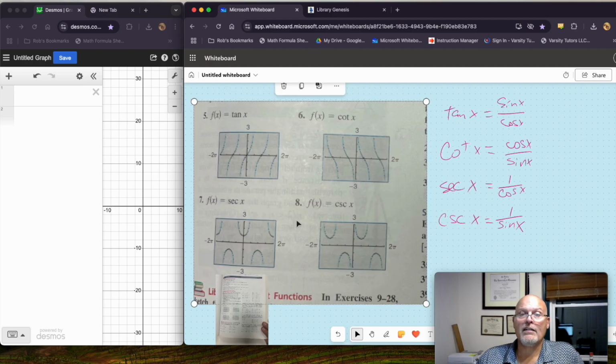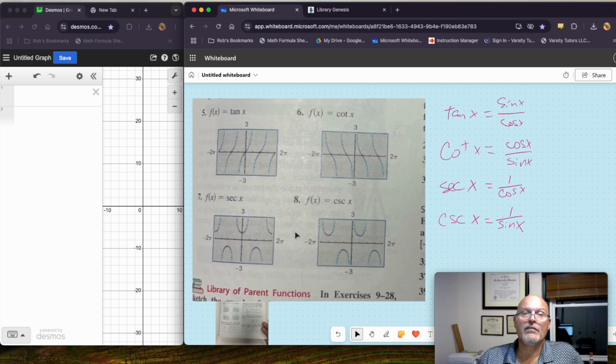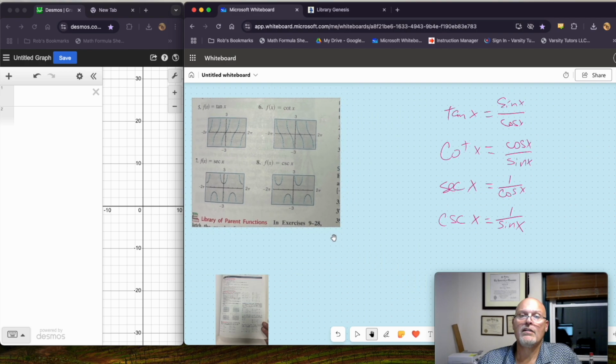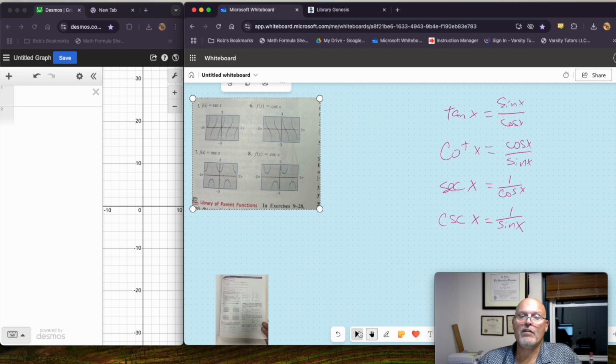So if I look at the tangent function, I know that's sine over cosine. And what I want to do is look at my unit circle and talk about what the tangent function does. So I'm going to shrink this down and bring it with me over to the unit circle.